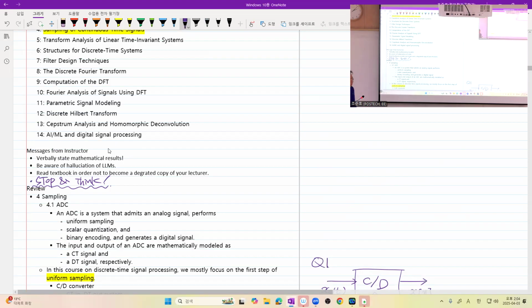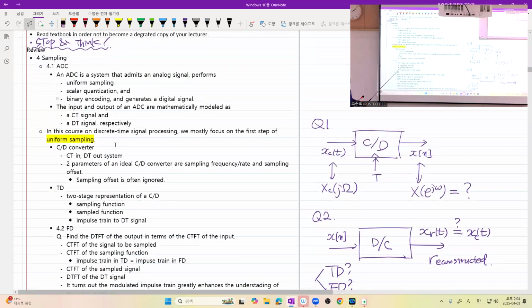Okay, here goes the summary of last class meetings about sampling. So in the real world, we have a system called A to D converter, or analog to digital converter. Here, this is analog, that is digital. Got it? So this is a real world circuitry, a system. And this real world system is, of course, mathematically modeled in this course. Got it?